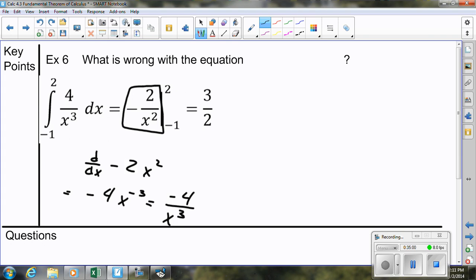So they did, wait, 2, -4. There we go. Okay, and so we can see one thing that potentially went wrong with it. When we're looking at this particular thing, we had a negative get thrown off. This antiderivative should have been a positive 2, not a negative 2.